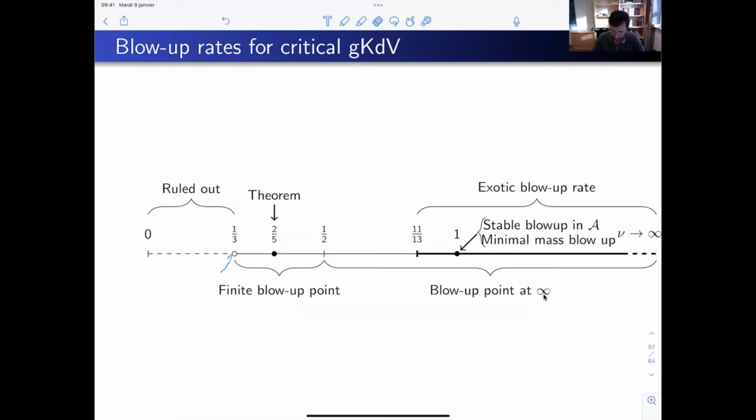One is the classification in A, when you have a lot of decay on the right, and also the minimal mass blow-up solution. And then there are all these results of exotic blow-up rates that they constructed, Martel, Merle and Raphael, and it goes up to 11/13, but this is probably technical. So you could probably push that down here.